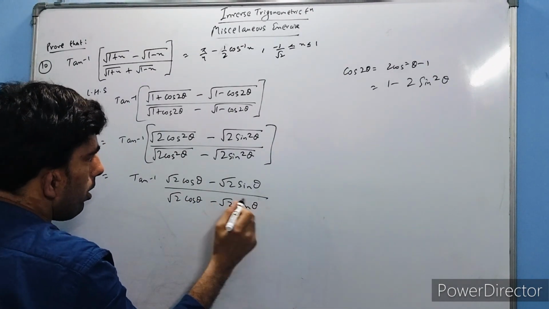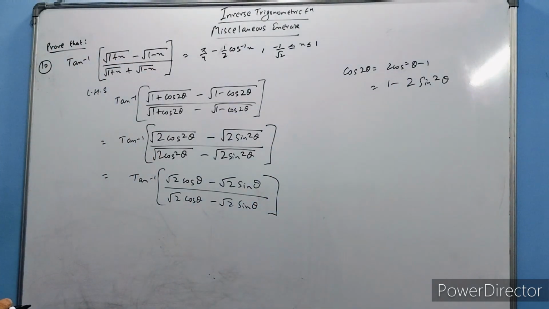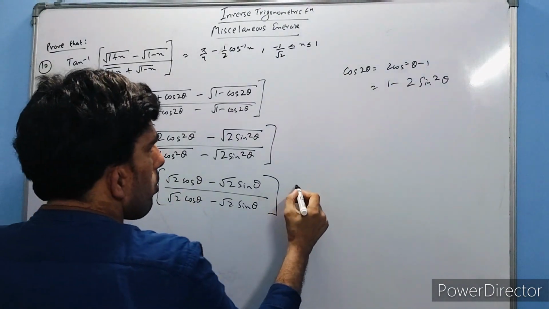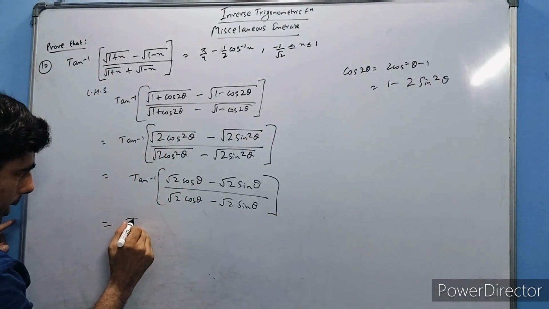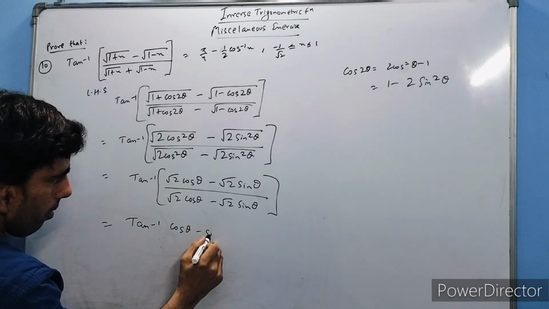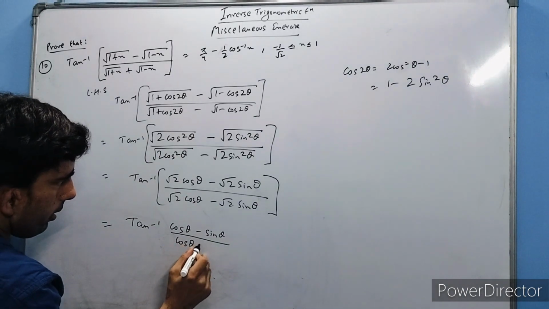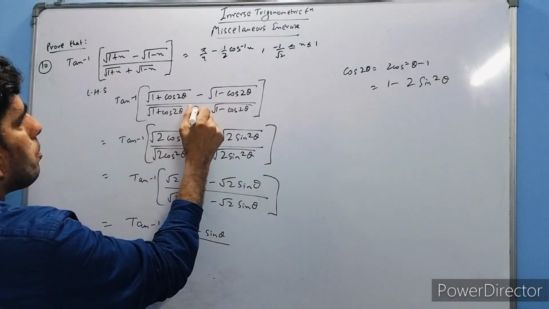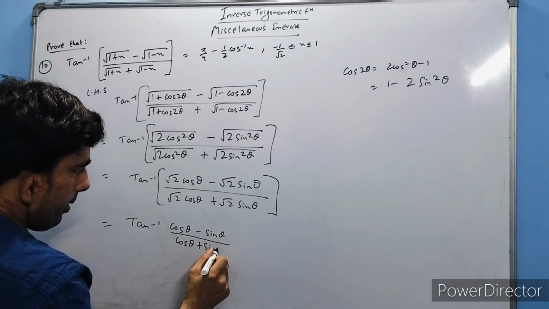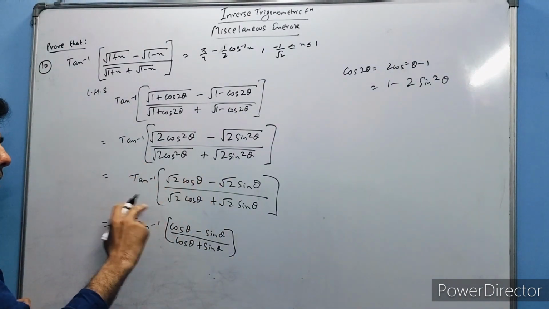Okay. So I have this. So now what we can do here, in a very simple way, take root 2 common, it will reduce. So we have tan inverse of (cos theta minus sin theta) upon (cos theta plus sin theta), because we have taken root 2 common from both numerator and denominator and we have cancelled out.